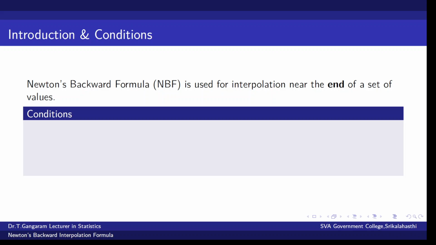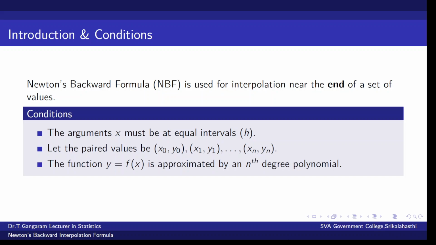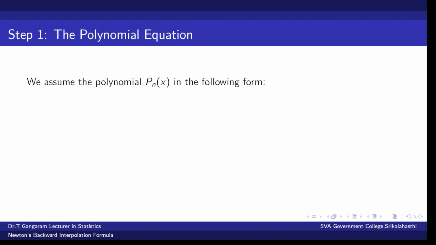The conditions for applying Newton backward formula are that the arguments x must be at equal interval h, and let the paired values be x0, y0, x1, y1, up to xn, yn, and the function y is equal to f of x is a polynomial approximated by the nth degree polynomial.